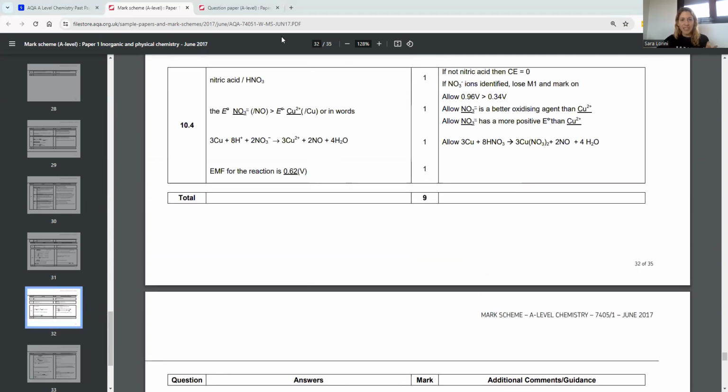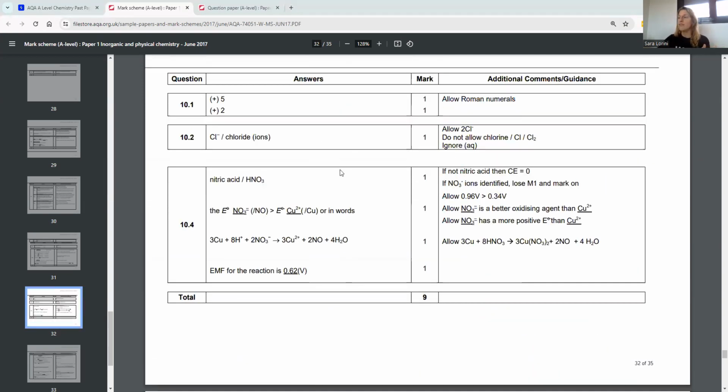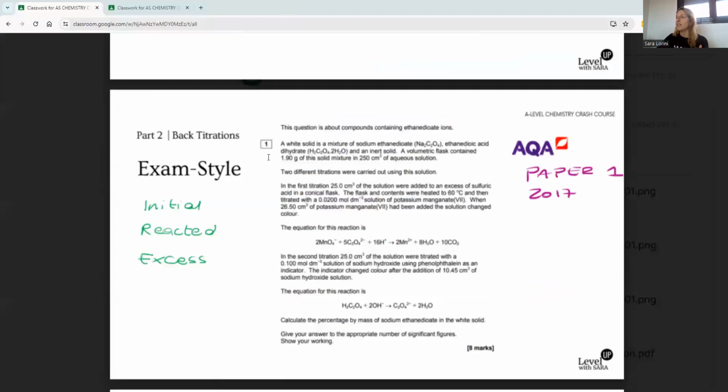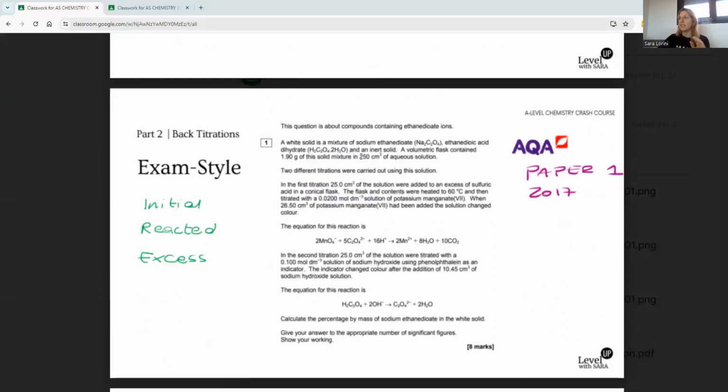Because most of the time, you will know it because you will have a mixture in 250 centimeters cube, but then 25 centimeters cube were used. So as you read it, please try to notice that these are changes in volume, because you can either use your logic or use the dilution factor to find the moles in the original sample. Easy mark to miss, but not if you know exactly where to look.